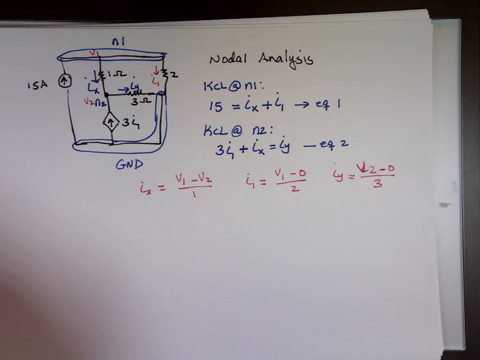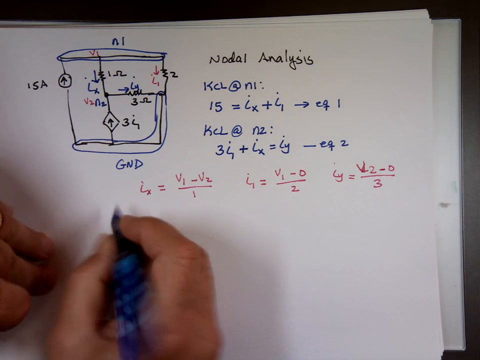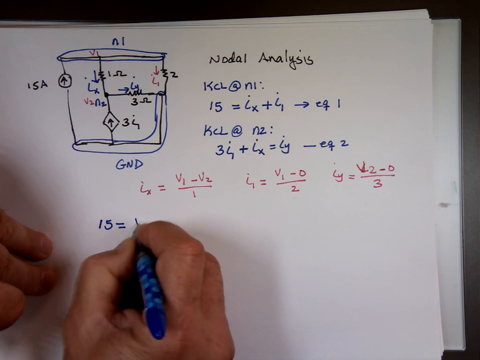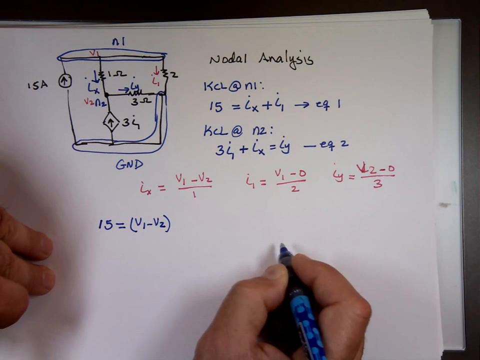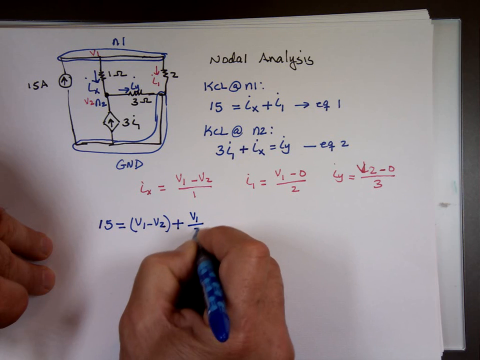Now, if I put these substitutions back into that equation, I'm going to have what? 15 equals I sub x, which is V1 minus V2 divided by 1. I don't need to divide it by 1. Plus I sub 1, which is V1 over 2.